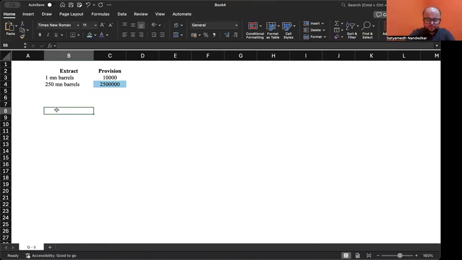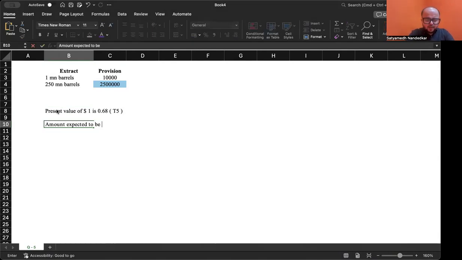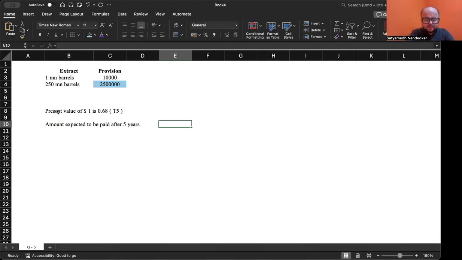So present value of $1 is 0.68. This is T5. Usually we calculate it, but here they have given it to us. The amount expected to be paid after 5 years is 30 million.